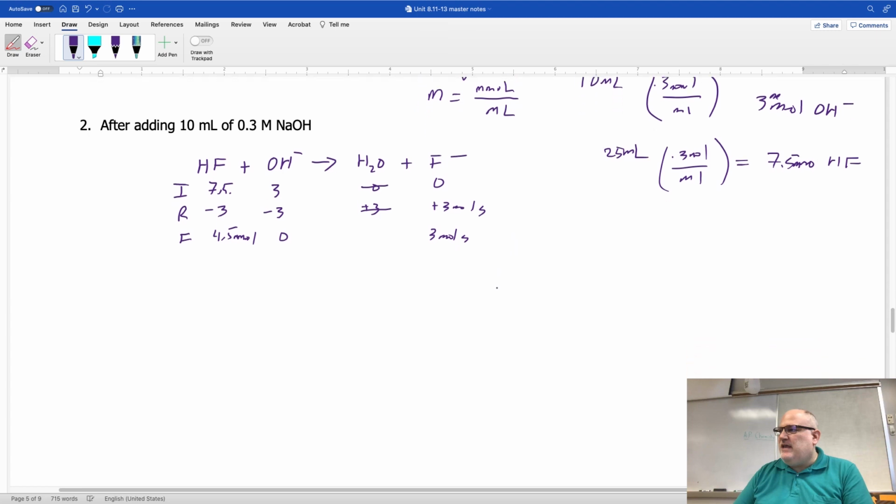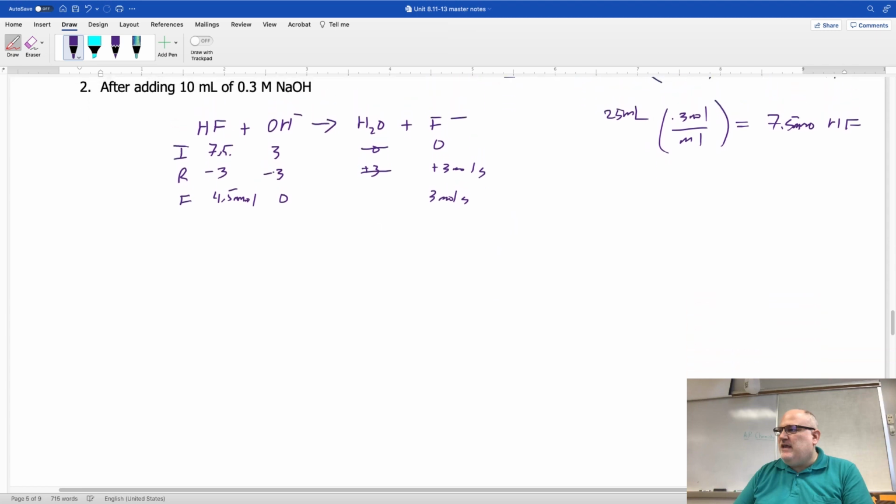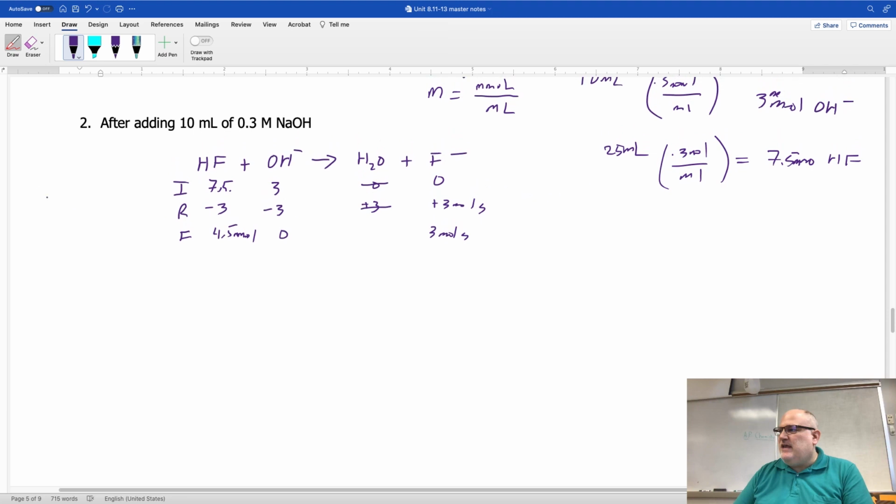But anytime that we are doing a problem, after we've taken care of our IRF table, we've got to convert it back to volume. If we take a look at the volume here, we always started off with 25 milliliters of the HF. That's our starting point always. But here, haven't we added in 10 milliliters to it?